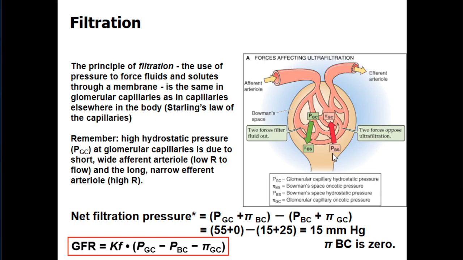And hydrostatic pressure of the Bowman's capsule and oncotic pressure or colloidosmotic pressure of the glomerular capillaries, these are two forces which will oppose the ultrafiltration. So there they are. And if you use values like these, the net filtration pressure will be approximately 15 millimeters of mercury.